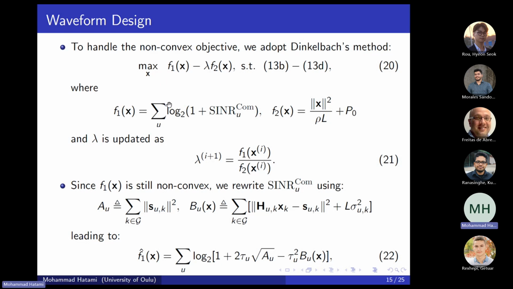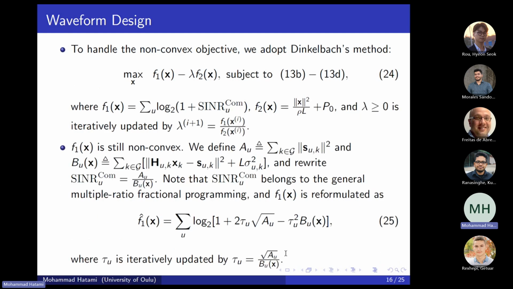Then, as shown here, f1(X) is a summation of the log of some fractions. So we can use an equivalent formulation for this one, as shown in 22, where tau is an auxiliary variable. And we can iteratively update these auxiliary variables, and then we can find a solution for this problem, as shown here.